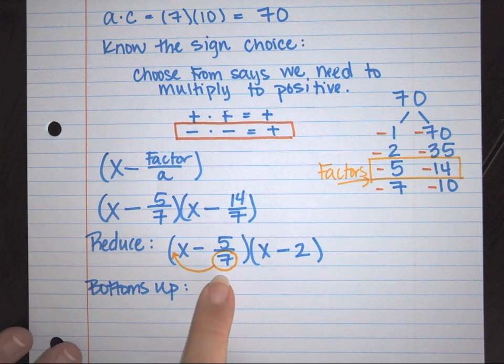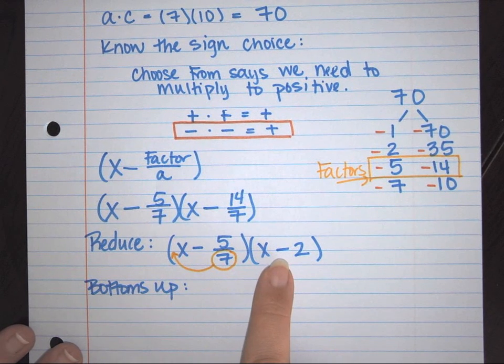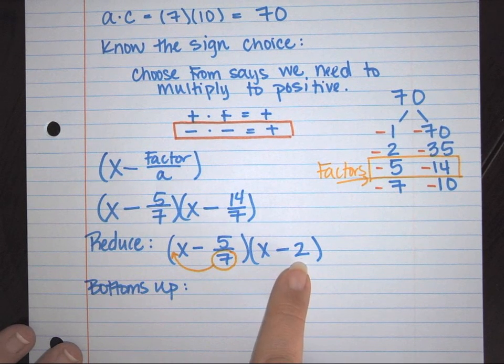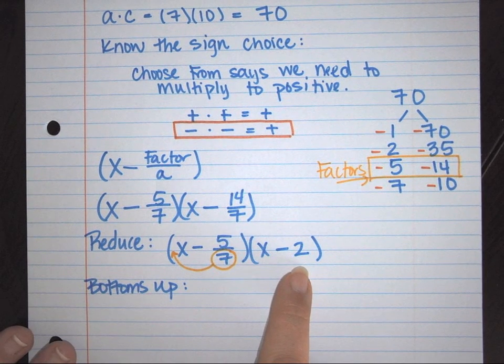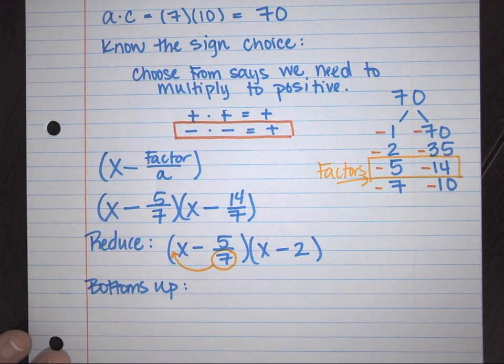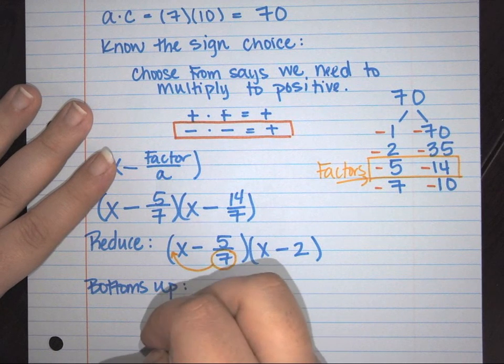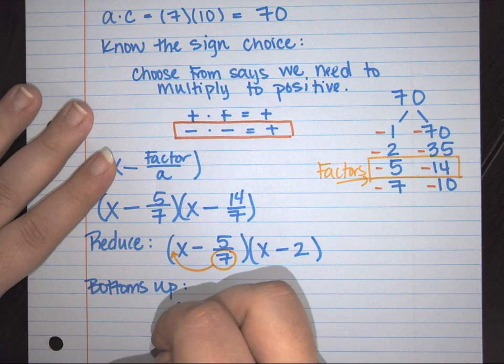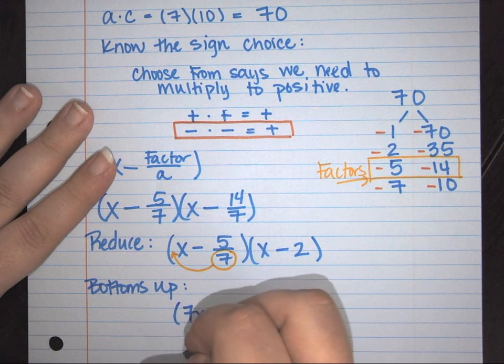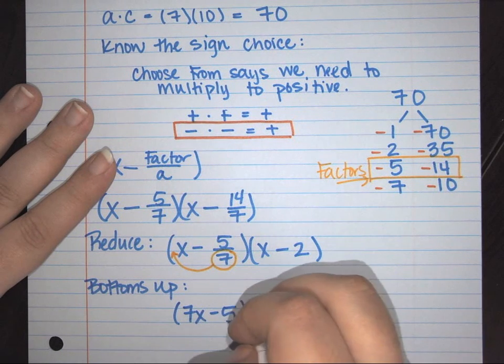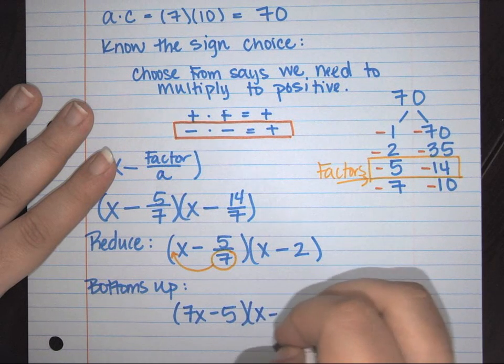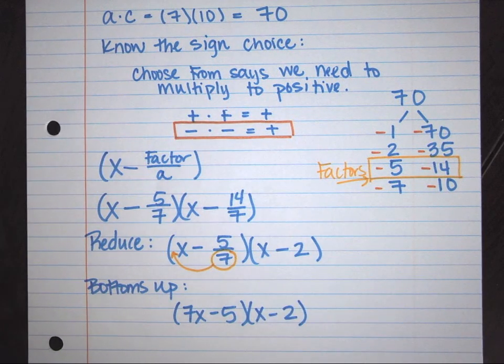I have a 7 in my denominator here, so I bottoms it up. On my second one, my denominator is 1, so I don't have to do anything. So the two factors are 7x minus 5 times x minus 2.